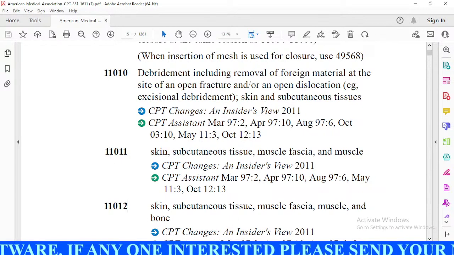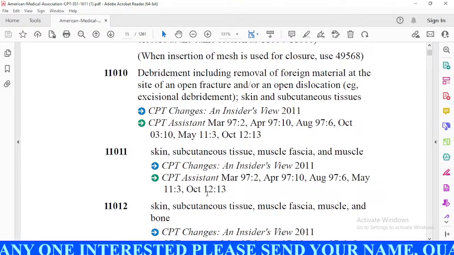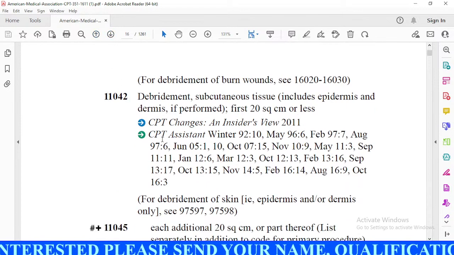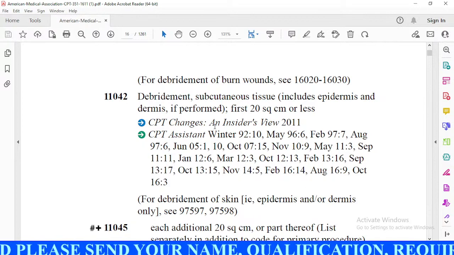We will check 11042. What is 11042? Debridement, subcutaneous tissue. So 42 is subcutaneous tissue.